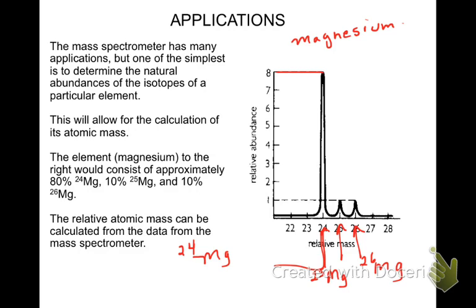The height of the peak gives me the percent abundance. So here 80% of magnesium is the magnesium-24 isotope, 10% is the 25 isotope, and 10% is the magnesium-26 isotope.